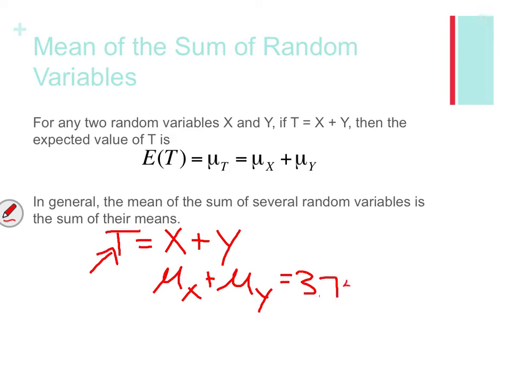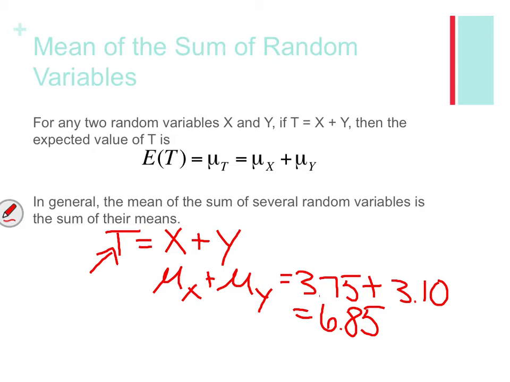On the previous page, that was 3.75 plus 3.10. So the expected value of both of their combined passengers would be 6.85. So they will have an average total of 6.85 passengers per day combined between their two tour businesses.